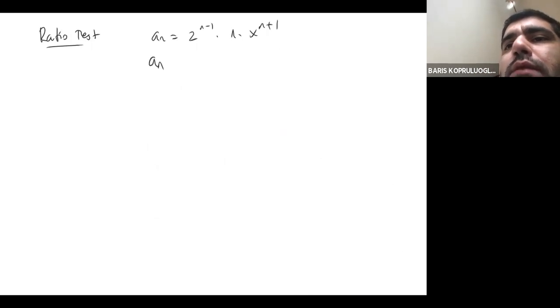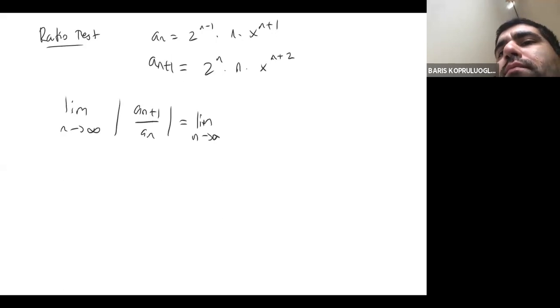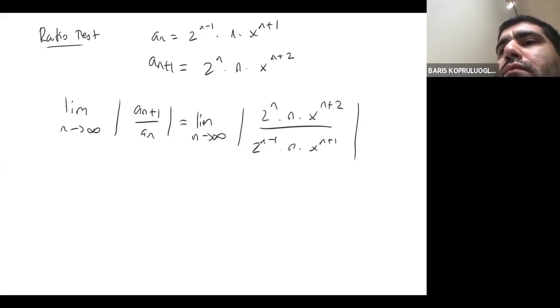Then a n plus 1 will be 2 to the power of n times n times x to the power of n plus 2. So this is going to give us 2.